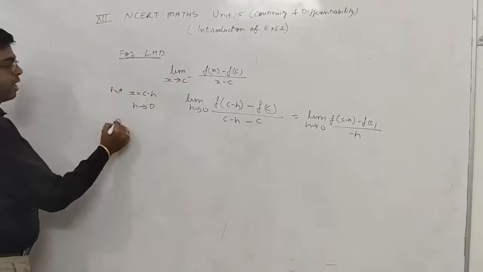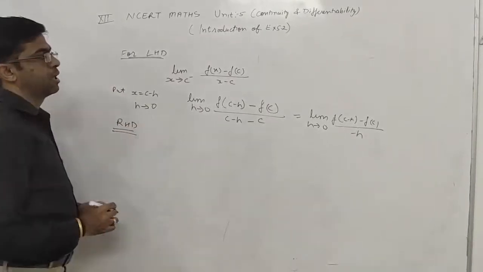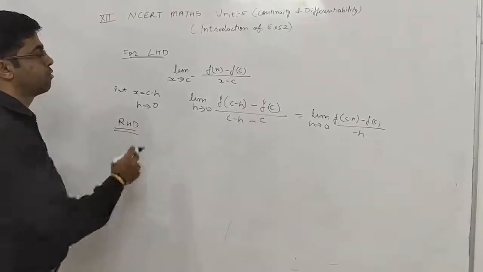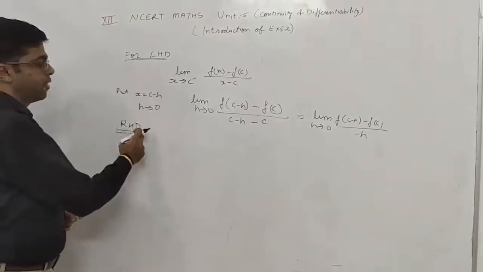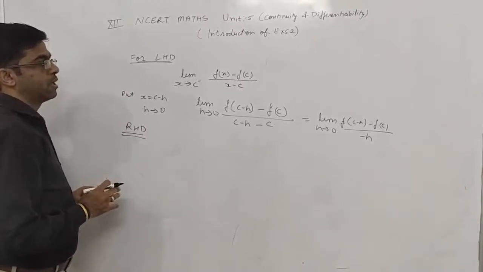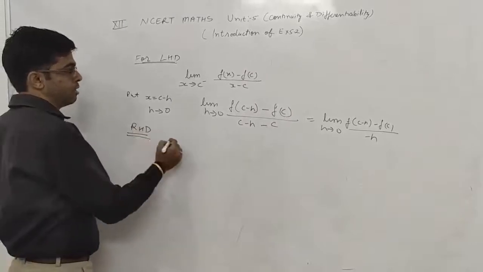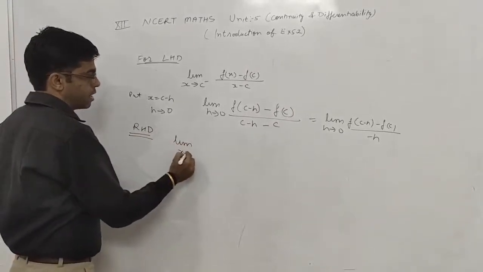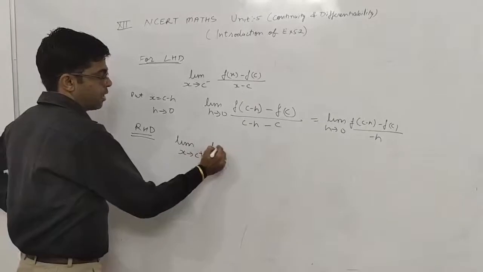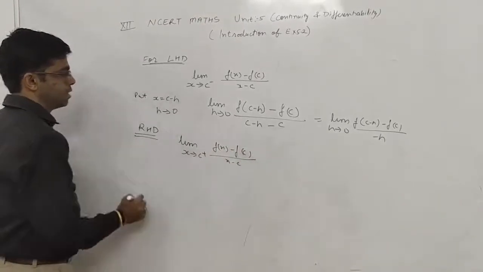Now for right hand derivative, we check whether the function is derivative at point c. If left hand derivative and right hand derivative are both equal, then we can say the function is differentiable at point c. Limit x tends to c plus of f(x) minus f(c) upon x minus c.